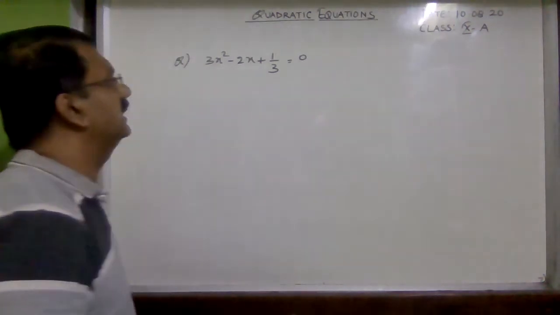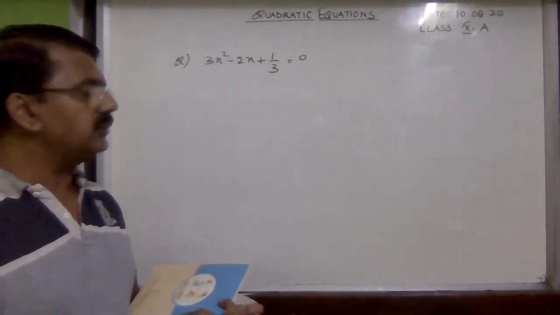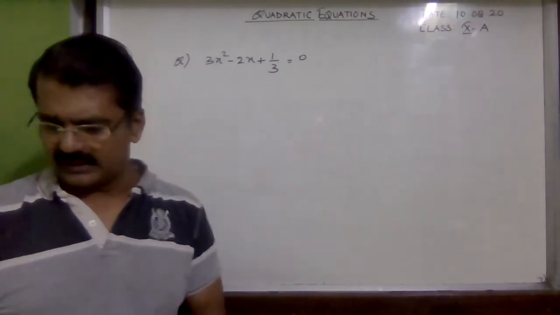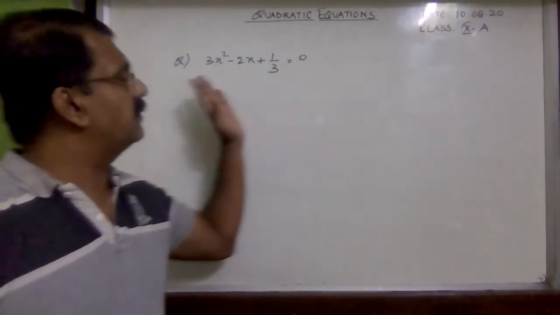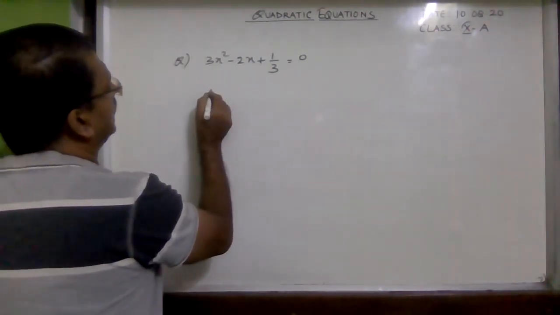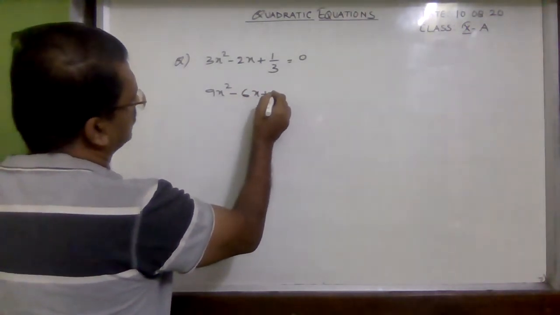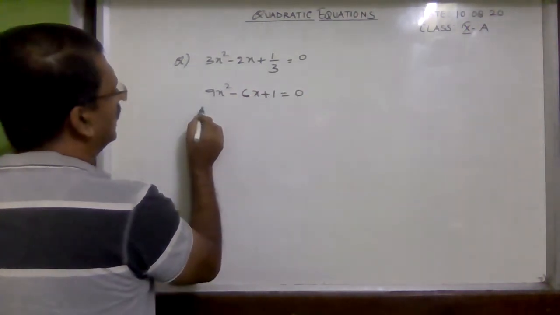You have to find the nature of the roots of this equation. Now to avoid the fractional part, first of all you multiply the whole equation by 3. So 3 into 3, 9x square, 3 into 2, 6x plus 1 is equal to 0.